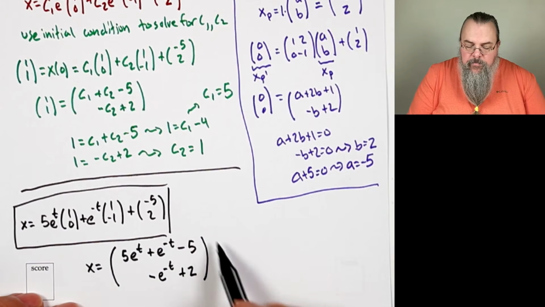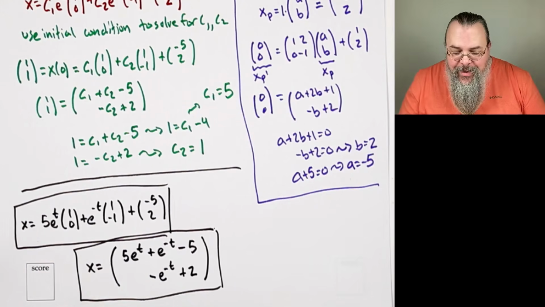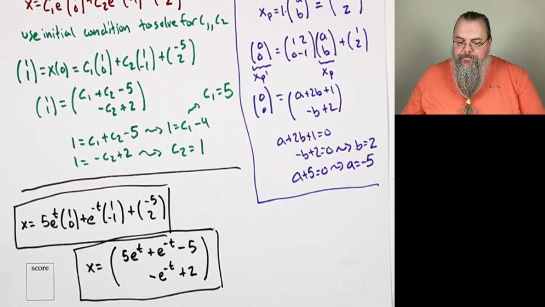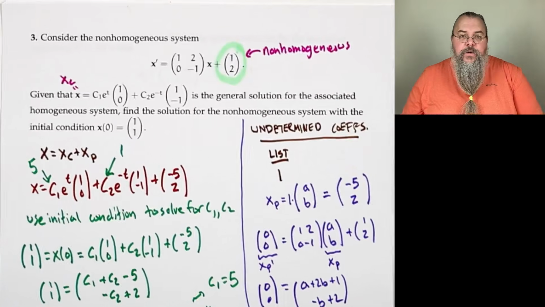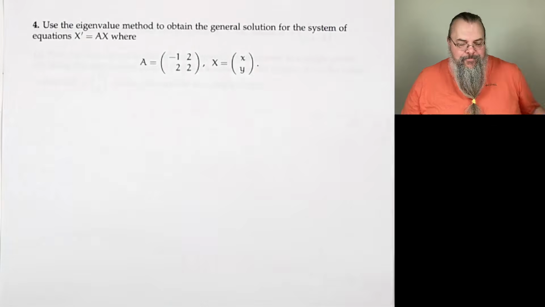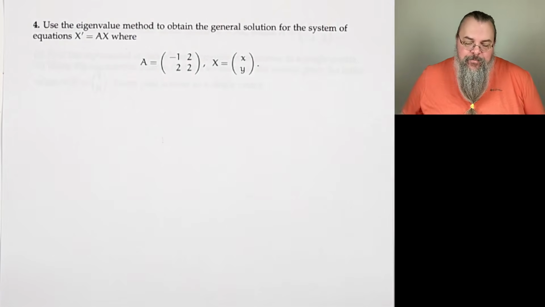Both are fine. Both are going to give you the points, and that's what we want. That was number 3. A bit of work there, not too bad. 2 equations, 2 unknowns. We like that. Brings us to number 4.